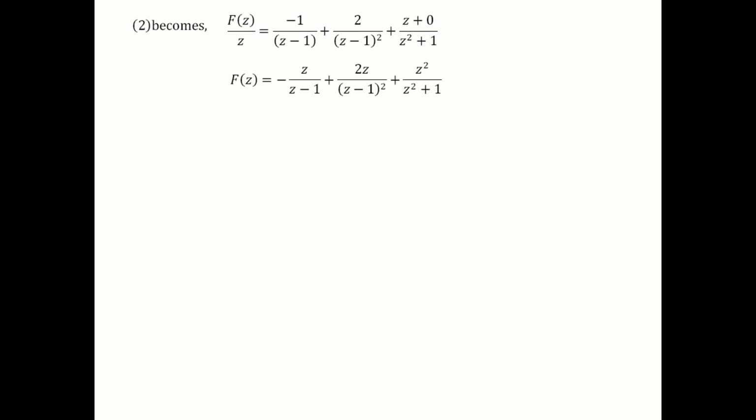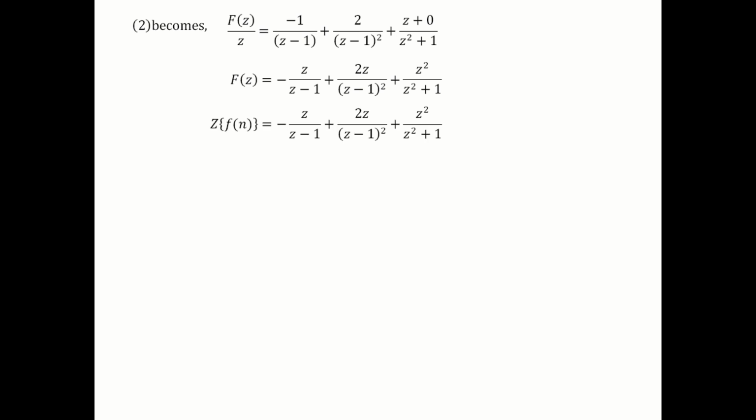Therefore Z of F of n which is equal to minus z by z minus 1 plus 2z by z minus 1 squared plus z squared by z squared plus 1. So taking z inverse on both sides, F of n which is equal to minus z inverse of z by z minus 1, plus 2 into z inverse of z by z minus 1 squared, plus z inverse of z squared by z squared plus 1.